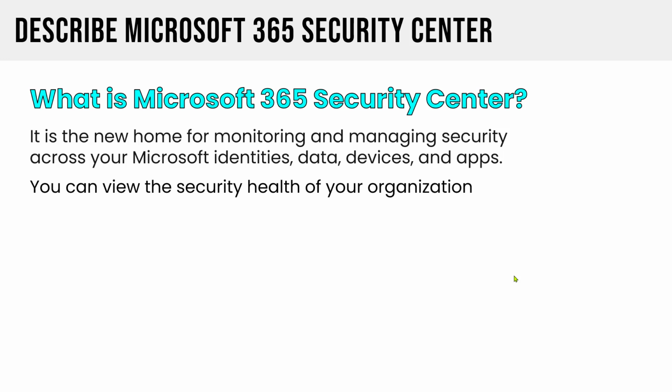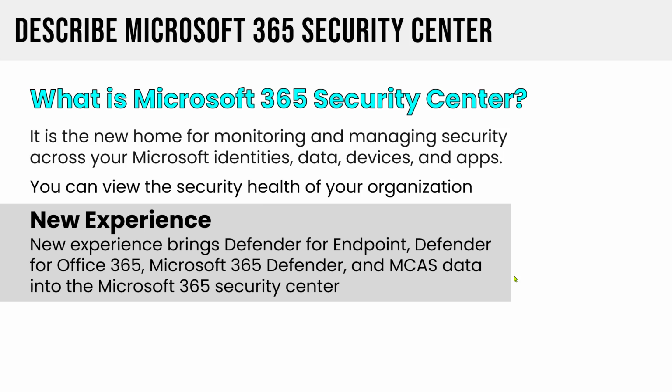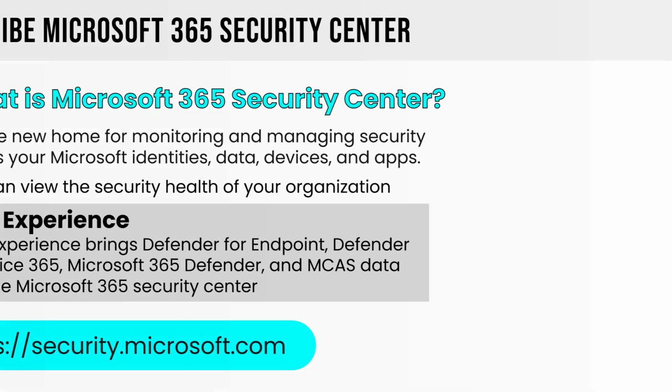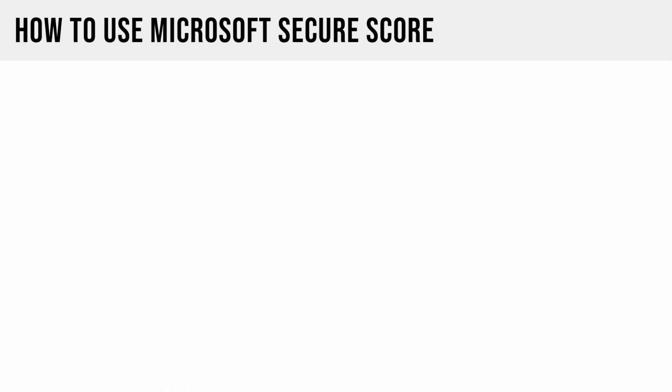And you can view the security health of our organization from the perspective of the Microsoft 365 services like Defender for Endpoint, Defender for Office 365, and Microsoft Cloud App Security Data. So it all comes together in a single portal to a fair degree, and that portal is at security.microsoft.com. So previously we talked about Azure Secure Score. Now we're going to talk about Microsoft Secure Score.